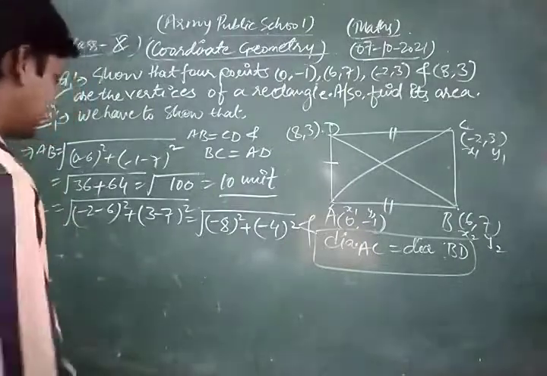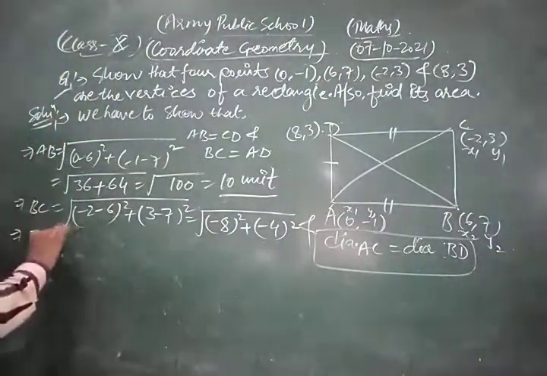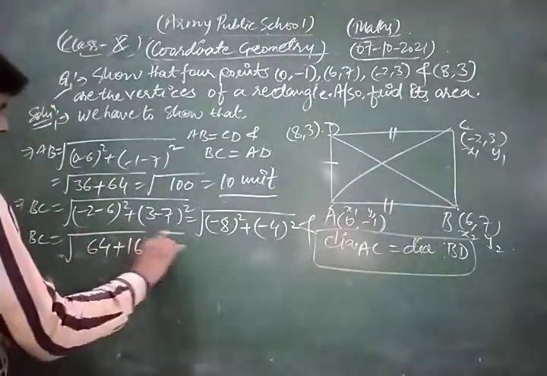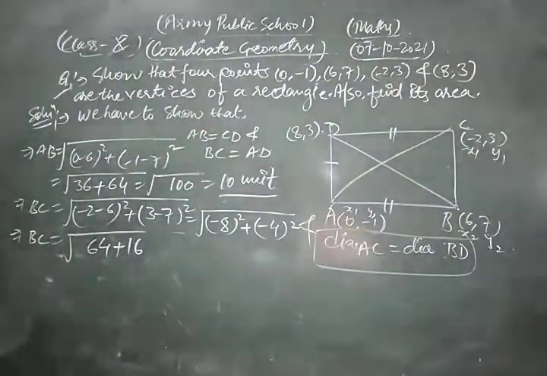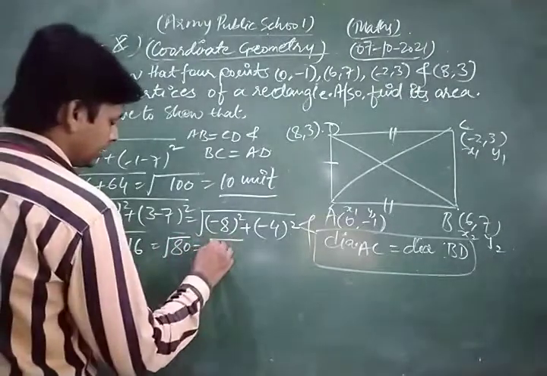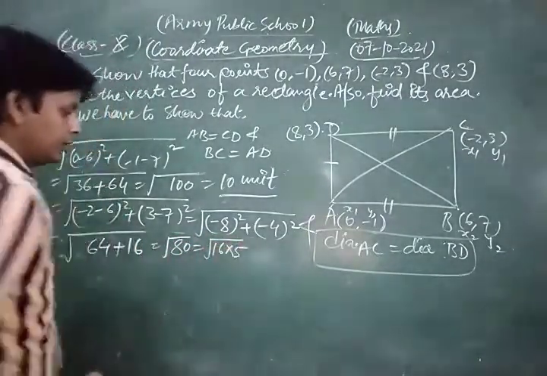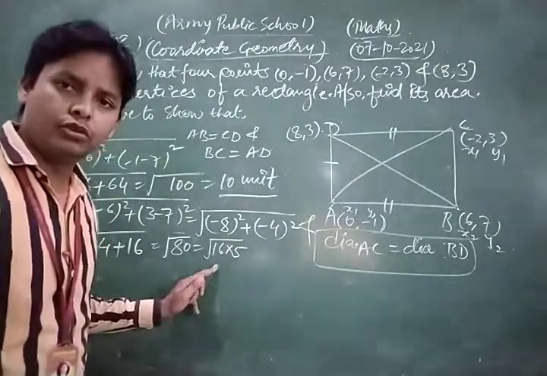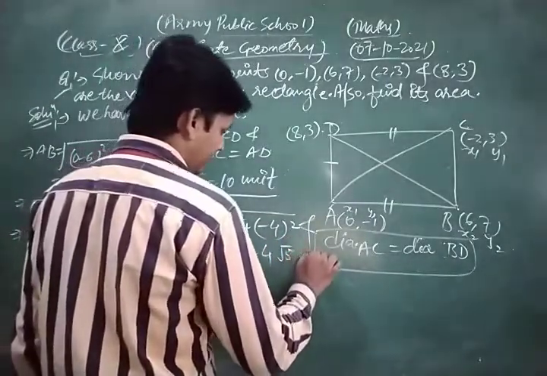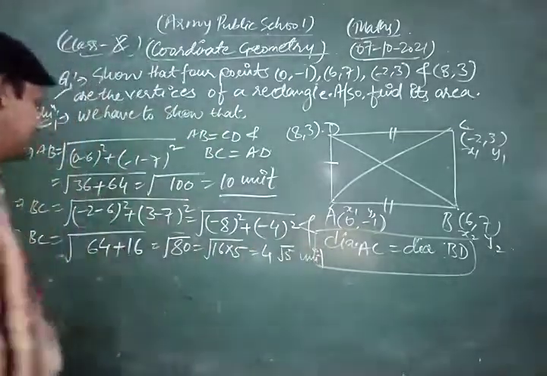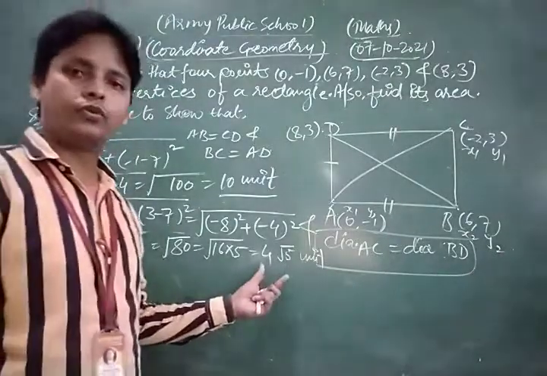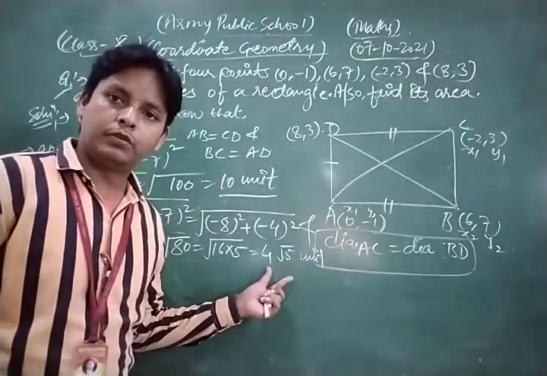So BC is equal to square root of 64 plus 16, so we get 80, and you know that we can write 80 as 16 into 5. The square root of 16 is 4, so 4 comes out of the surd and 4 under root 5 unit is left. So in this way, distance BC is 4 under root 5.